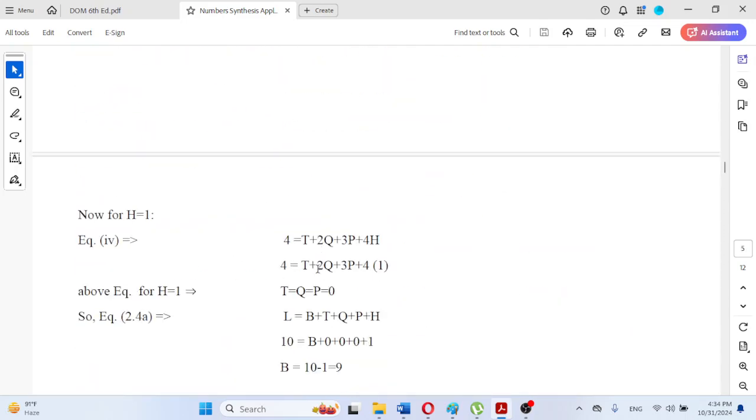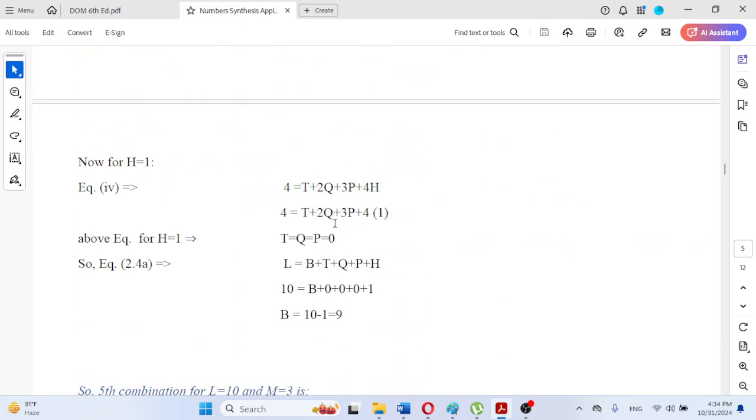So necessarily, if T plus 2Q plus 3P is equal to 0, that means none of the ternary, quaternary and pentagonal links can assume a value other than 0. So T, Q, P all must be 0.